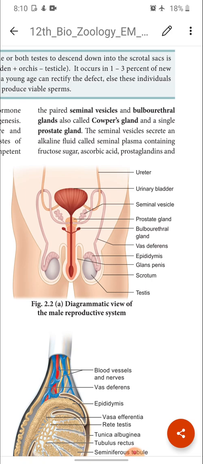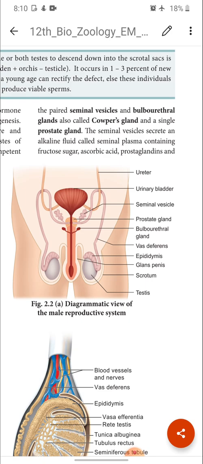So it is understood that the other glands are in pairs. Seminal vesicle, bulbourethral glands, Cowper's glands are in pairs. Only the prostate gland is single. So the single accessory gland present in the male reproductive system of humans is dash. You will get confused, please be sure of that. Prostate gland.